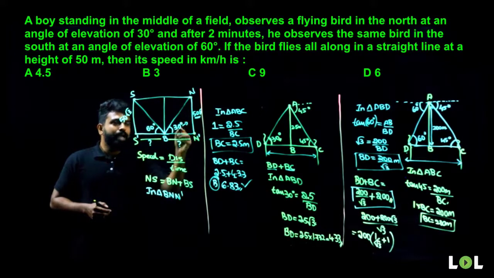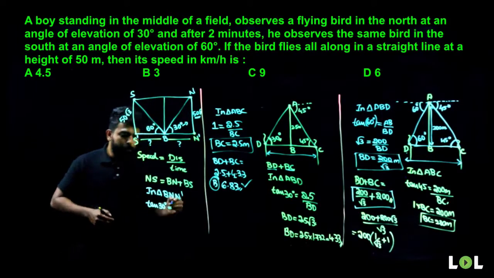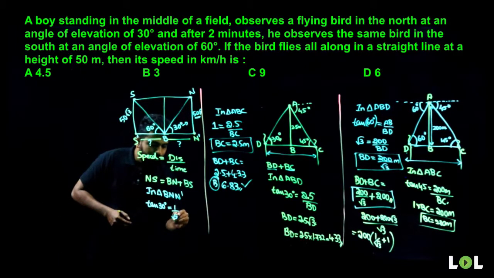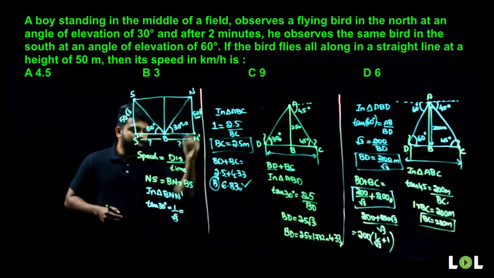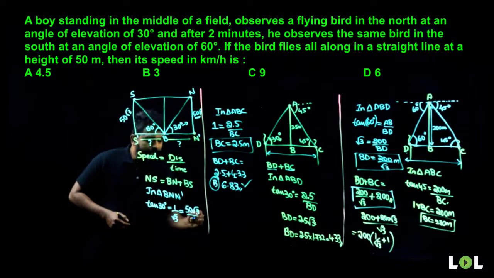What is NN' with respect to 30 degrees? It is the opposite side. We need to find the adjacent side. So it is once again tan 30 degrees. What is the value of tan 30 degrees? Tan 30 degrees is nothing but 1 by root 3, and that will be equal to opposite, that is 50 root 3, divided by BN'.